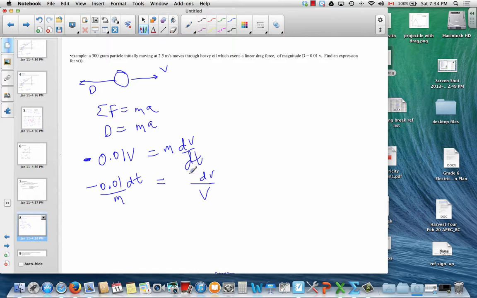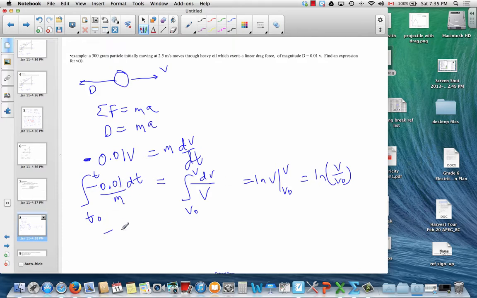Now we're going to integrate from an initial speed to a final speed on that side, from an initial time to a final time on this side. Now this is dv over v, so that's ln v. And then you go from the initial to the final value, so it'll be ln v minus ln v naught, which is the ln of v over v naught, if you remember that mathematical trick. This is a very easy integral.